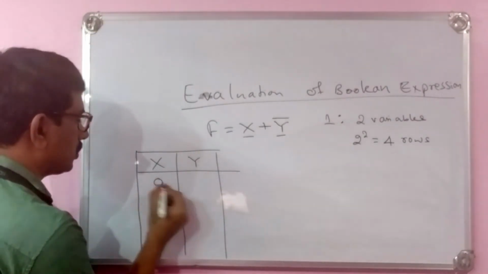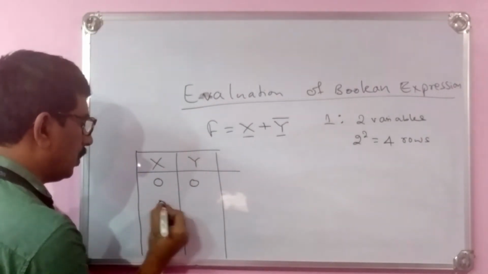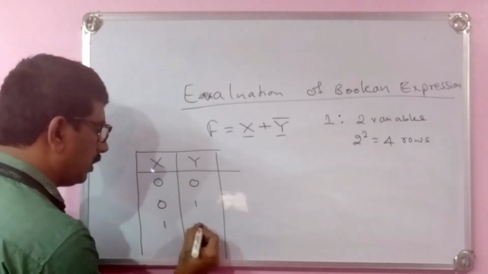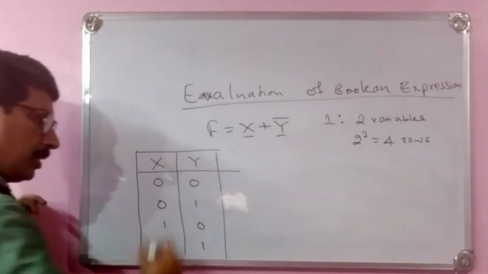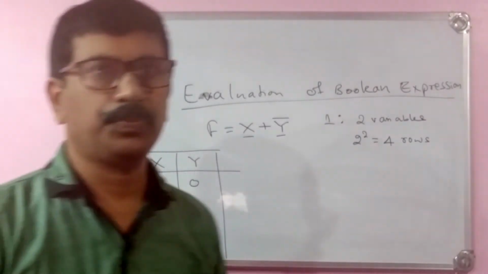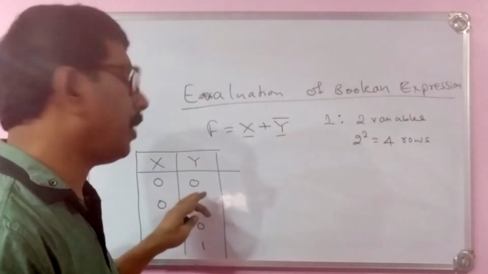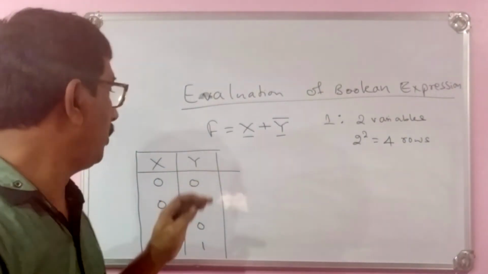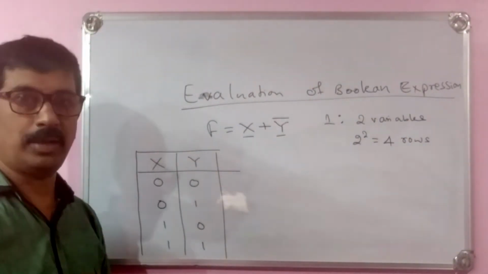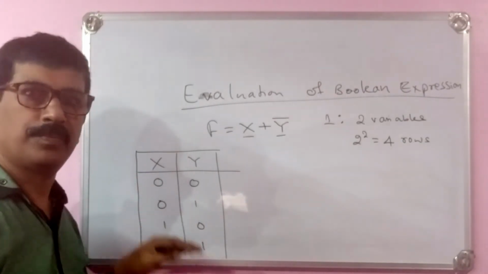First we take 0 0, 0 1, 1 0, 1 1. That is step 2. We took that one.